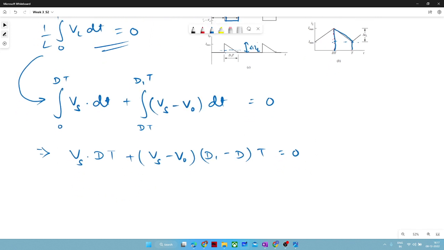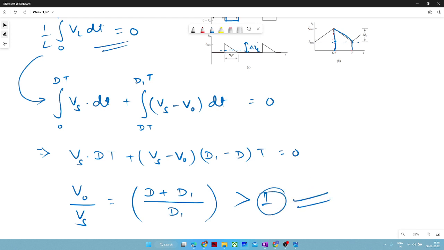After you solve this, you will get V naught by Vs equals (D plus D1) by D1. This is what we call the transfer function, output by input. This value should regularly be greater than 1.